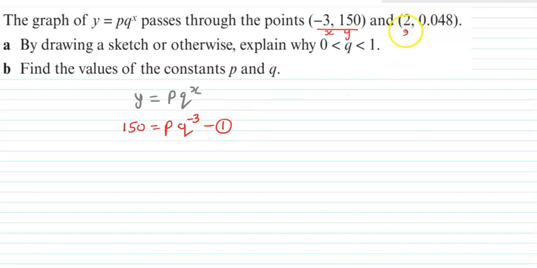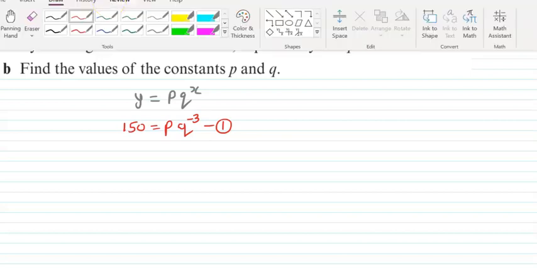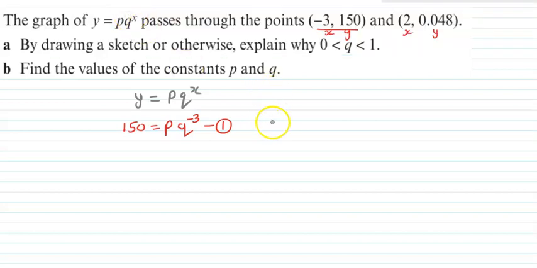And if you put x equal to 2 and y is 0.048, you will get another equation. So let's put it here. So y is 0.048 equal to p, q and x is 2. So it is pq square. That is equation 2. Okay.